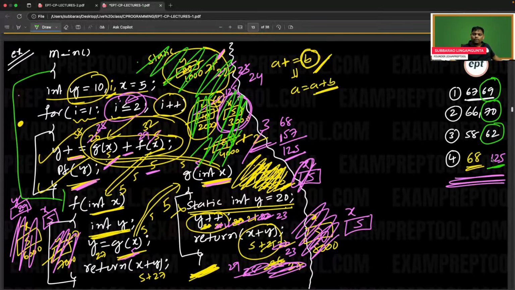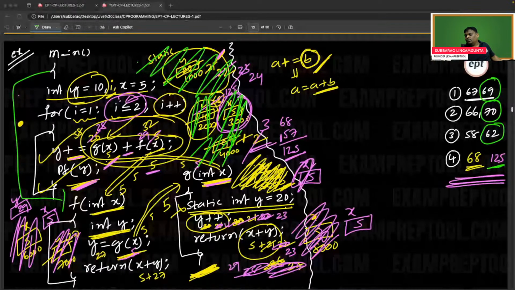No. If you can get this problem, you can solve any problem on static variables. Remember, static variable lifetime is huge because it is created first, at compile time itself. Only when the total program is over will it be popped out.